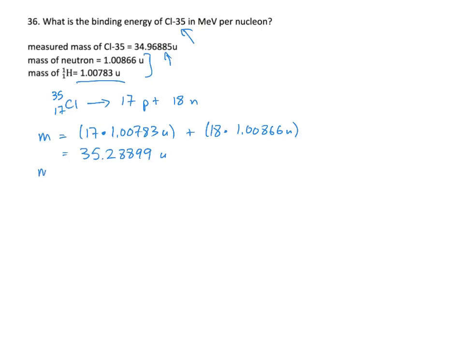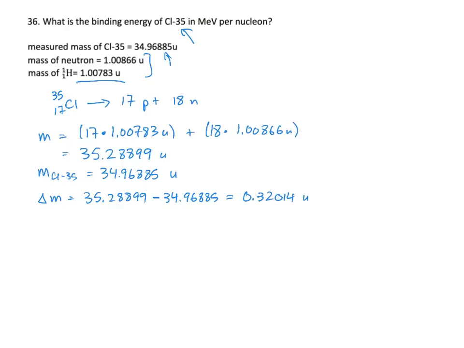The mass of the Cl-35 given in the question is 34.96885 u. So the mass defect is the difference between those two: 35.28899 subtract 34.96885, and that equals 0.32014 u.